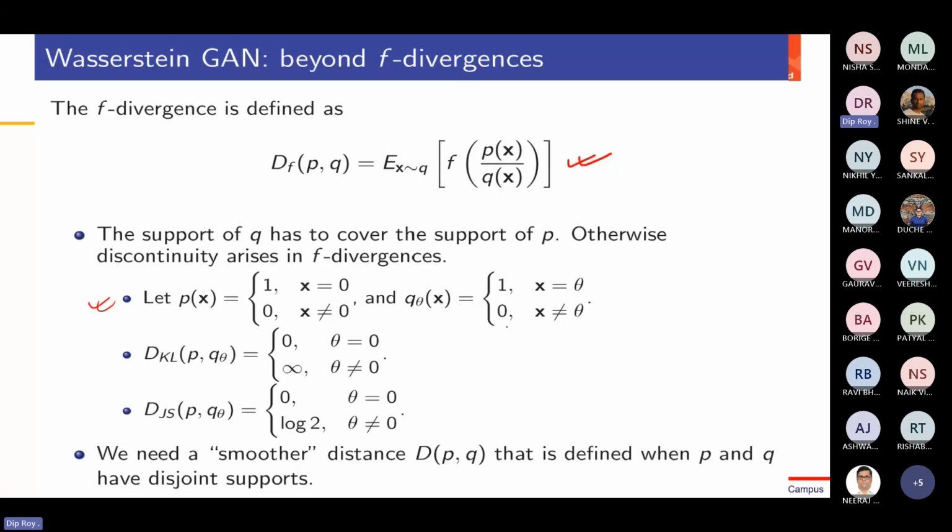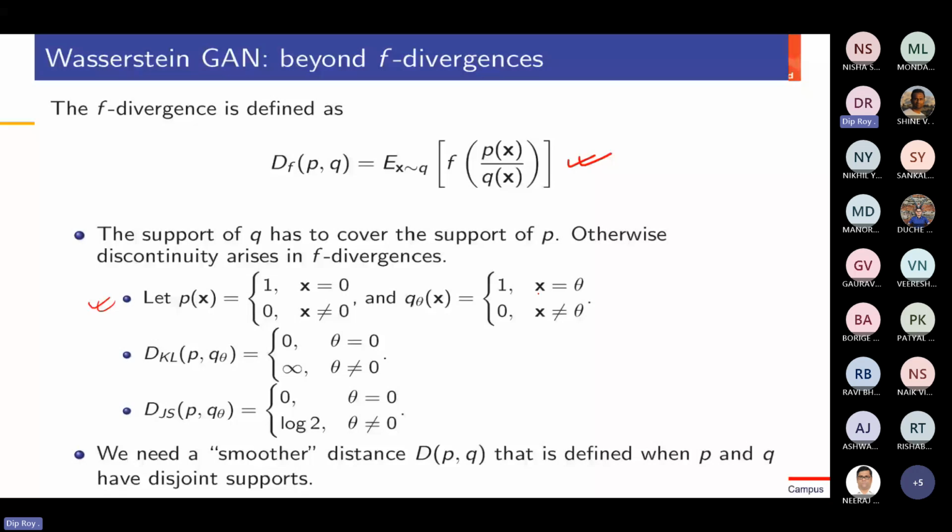Now, if you plug these values into the above equation of F divergence, what is going to happen? You are going to see that if theta is equal to 0, that means both of them are equal to 1.